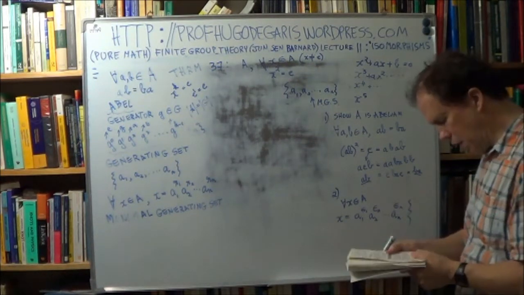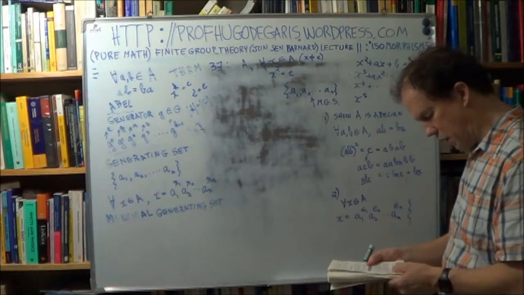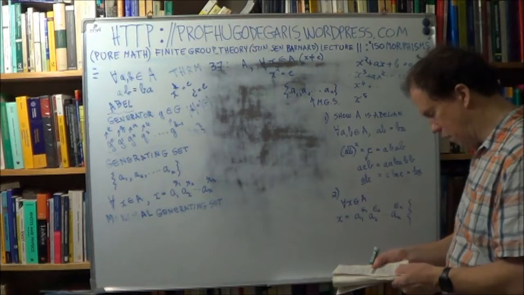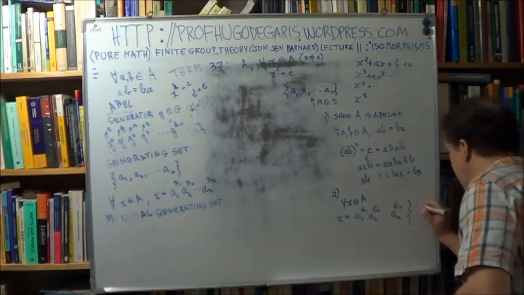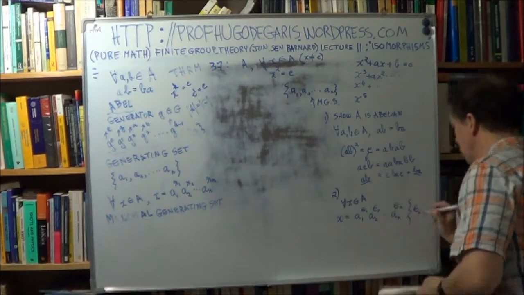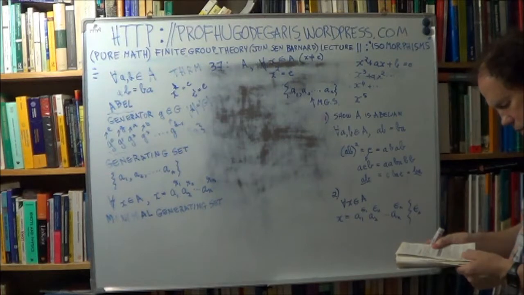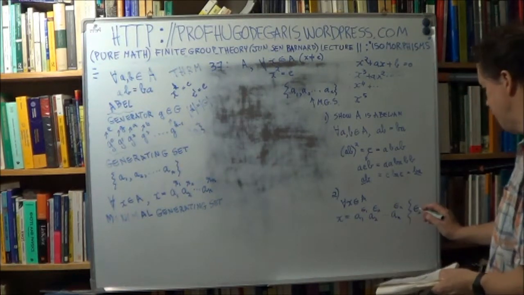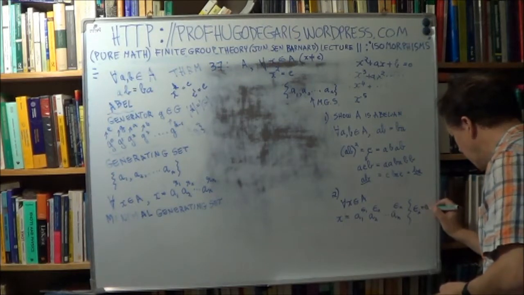Now, for each of these etas, I'll just call it eta i, where i runs from 1 to n. These take the value 0 or 1.